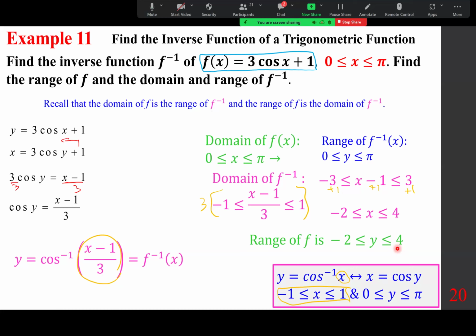And I want to quickly show you the second method. We know this is y, and we know cosine is between negative 1 and 1. We want it to look like this, right? Multiply by 3.